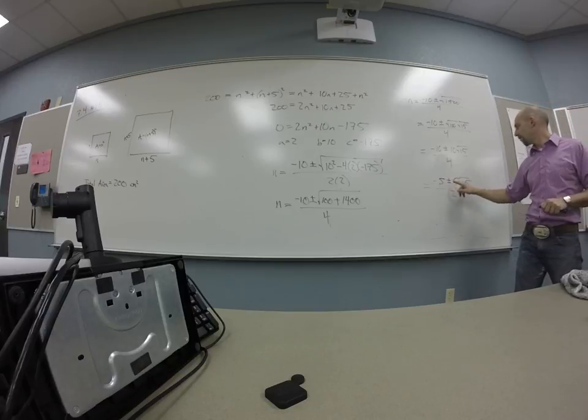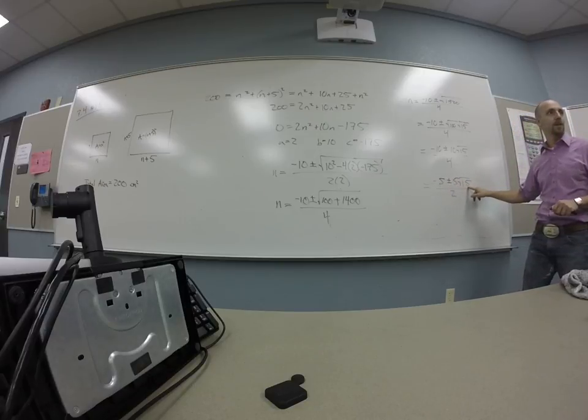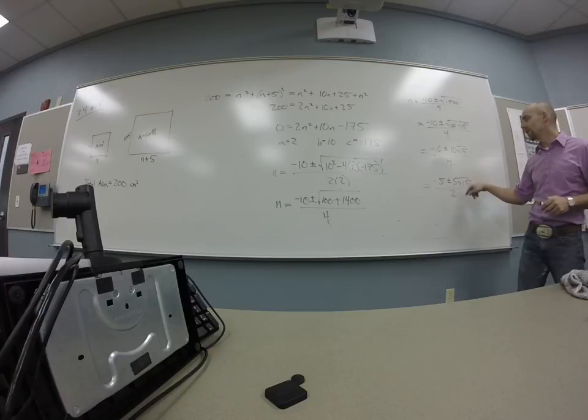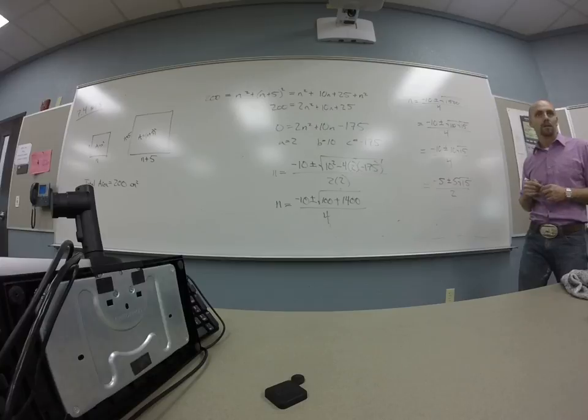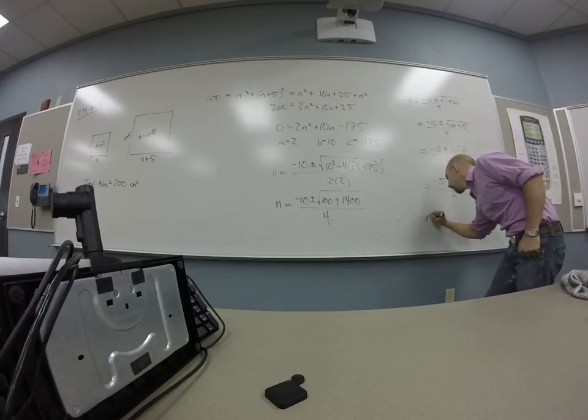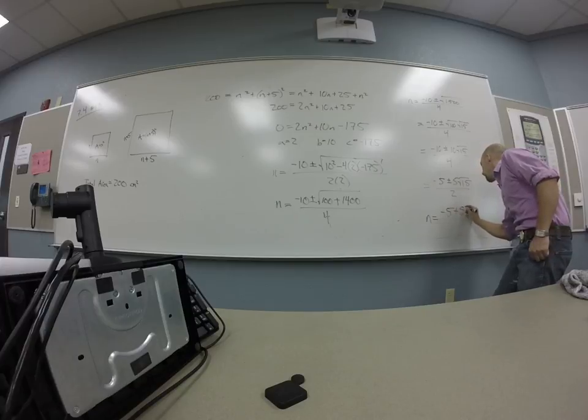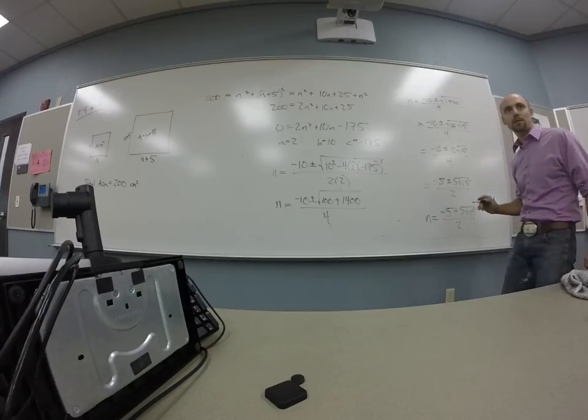And negative 5 minus 5 root 15, that's definitely going to be negative, even after I divide it by 2. You guys see that? So I know I don't need the negative one. So I can write n is negative 5 plus 5 root 15 divided by 2.